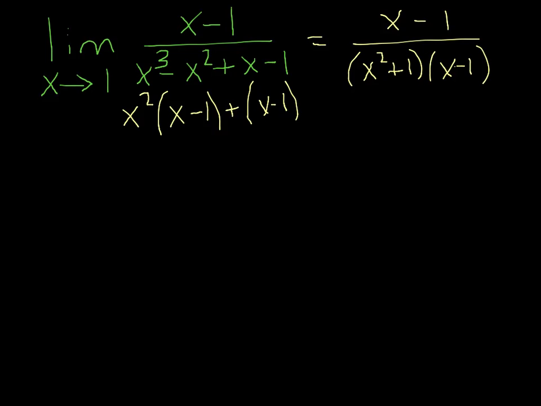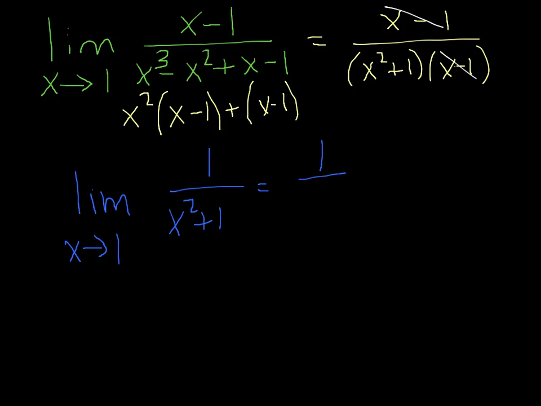So now the x minus 1's will divide out, and I'm looking at the limit as x approaches 1 of 1 over x squared plus 1, which is 1 over 1 plus 1, which gives me 1/2.